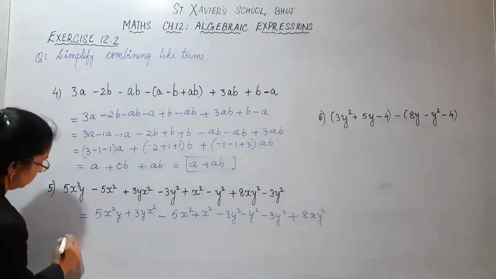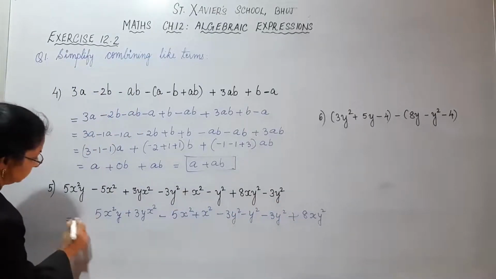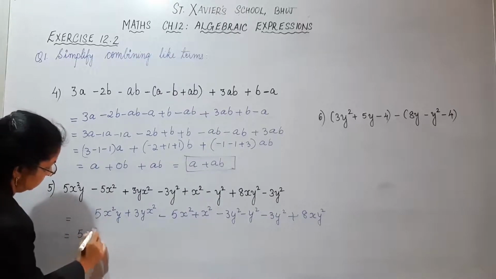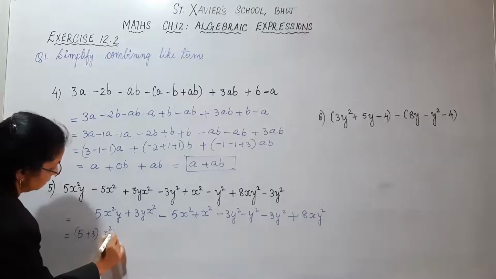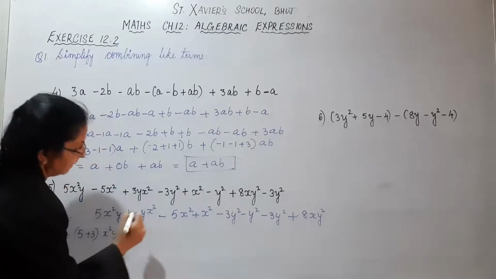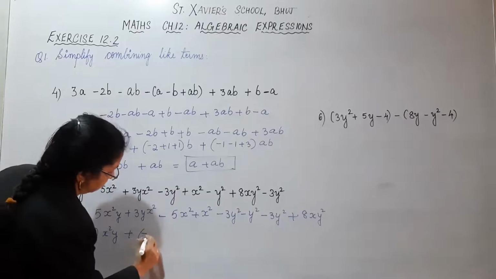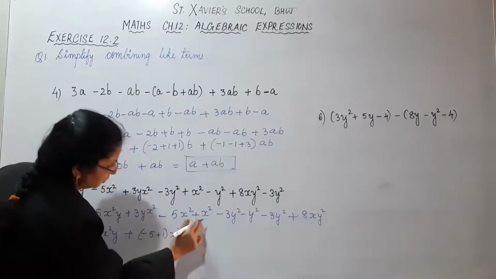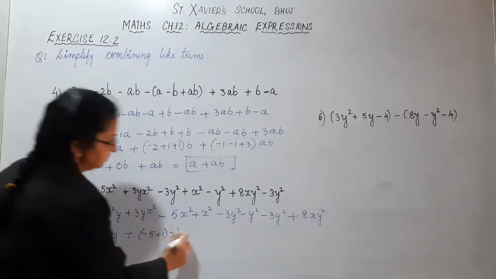Now let us solve the like terms. 5 plus 3 into x square y, plus minus 5 plus 1 x square. The coefficient of x square is 1.